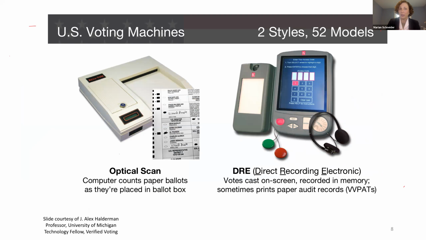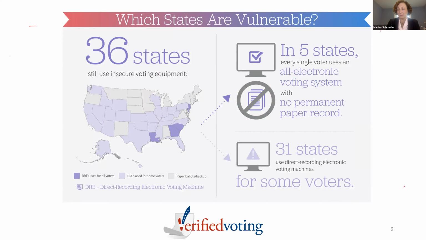The second part of the ecosystem that we talked about before is the voting systems themselves. These are computers. They count votes. There are two kinds of voting systems in use in the United States. One is an optical scan computer that counts paper ballots, and the other records the votes directly onto computer memory. So this slide just shows the extent of the problem.